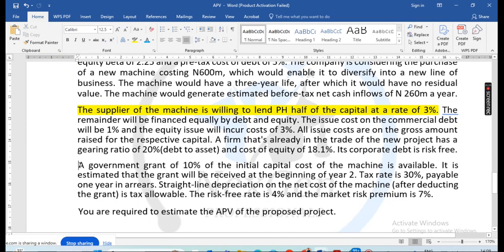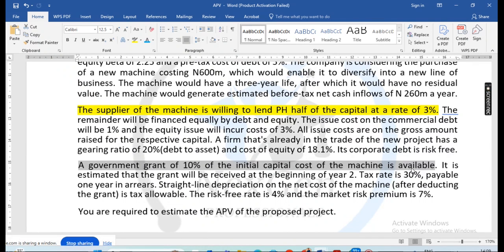A government grant of 10% of the initial capital cost of the machine is available. Can you see it? There is a government grant. The first one is its corporate debt is risk-free.